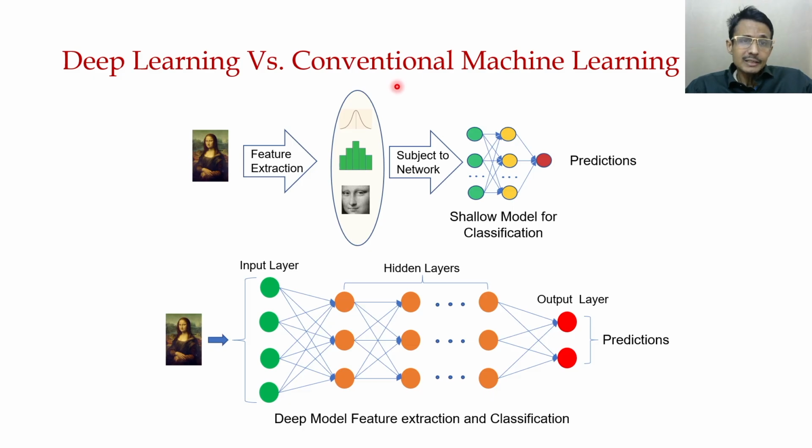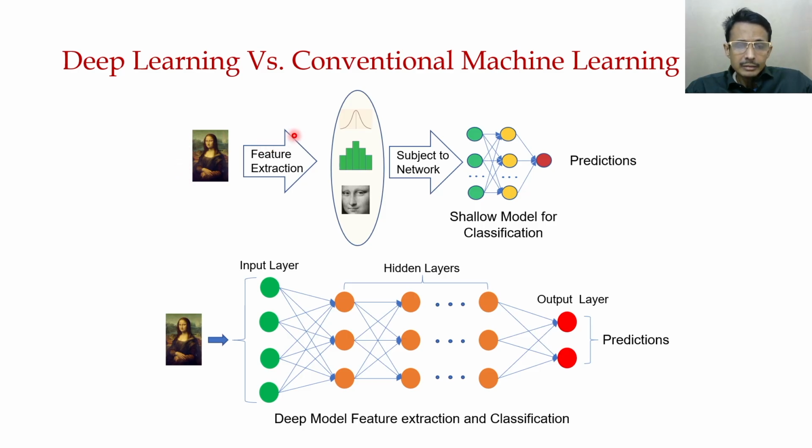Now, what is the basic difference between deep learning and conventional machine learning? Here you see the conventional machine learning. This is the data, let's say it's an image.